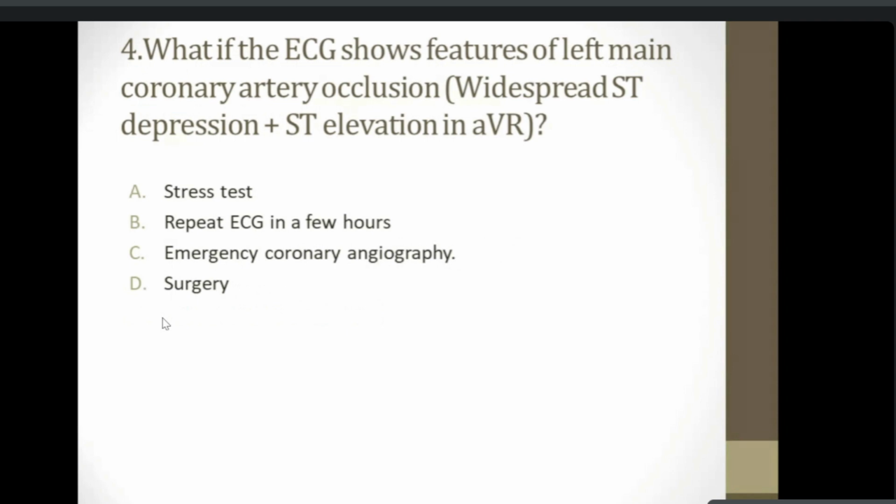For our fourth question, what if the electrocardiogram shows features of left main coronary artery occlusion, which means widespread ST depression plus ST elevation in aVR? We have a stress test, repeat electrocardiogram in a few hours, emergency coronary angiography, or surgery.